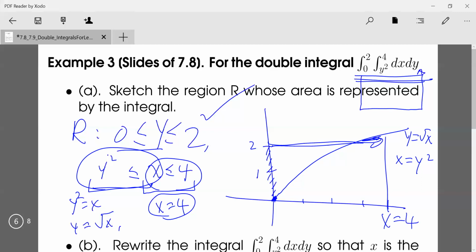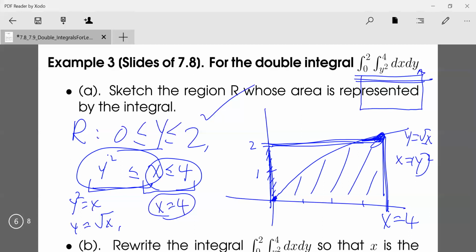It's a vertical line here. Now this should intersect here. So now we can see what is the region bounded by the 4 conditions. Y is between 0 and 2. X is between y squared and 4. So we see this is the region we are talking about.